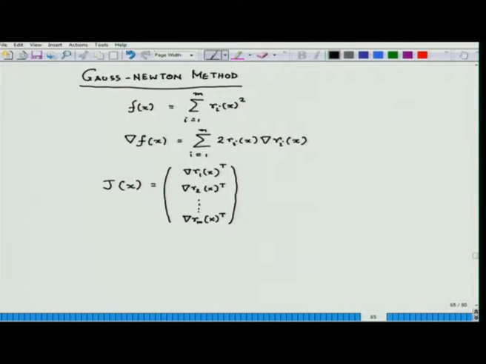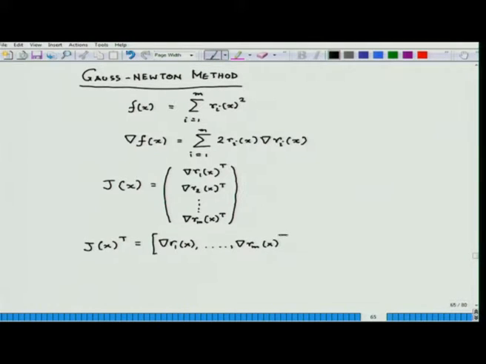Now, once you have this, if you know simple matrix multiplication, then you would realize that J(x) transpose is a matrix whose first column is the gradient of R_1(x).